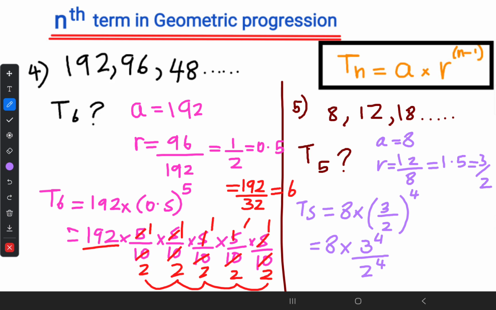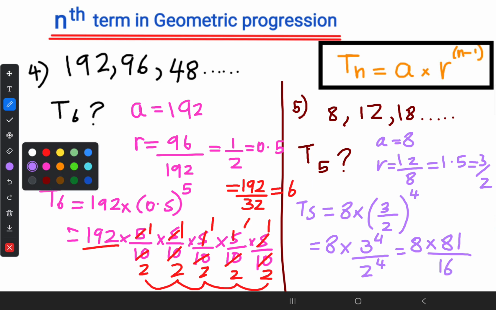Both denominator and numerator also have the respective index itself. 3 into 3, 9, 9 into 3, 27, 27 into 3, it is 81. In denominator we will have 2 with the power of 4. 2 twos are 4, 4 twos are 8, 8 twos are 16.